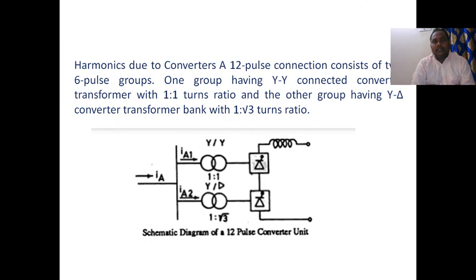If you do not increase the pulse number, we must increase the filter size. A smaller number of pulses causes more harmonics in the system, and more harmonics can be eliminated by using a filter circuit, so we must design the filter circuit in large size. In order to avoid that, we increase the pulse number to 12, 24 and 48 pulses. Thank you.